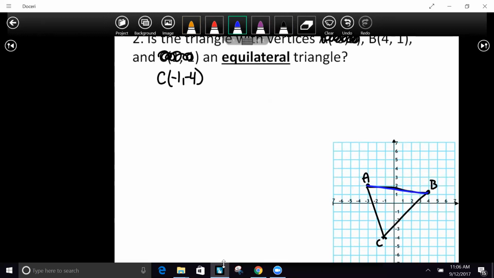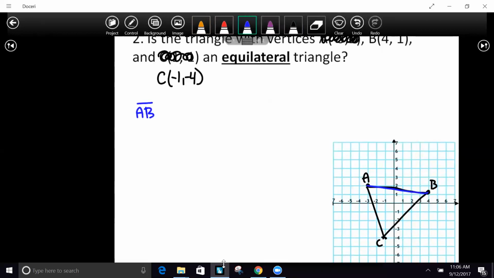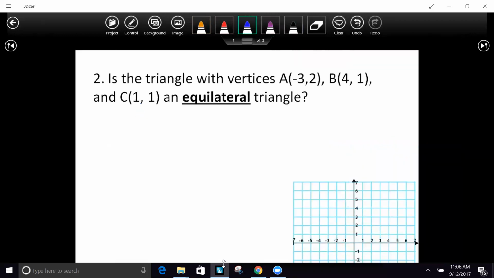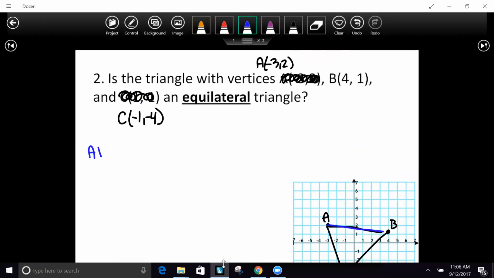The length of AB, we got to be able to find the distance. So I'm going to go ahead and find the distance, which is 7 and 1 is equal to C squared.